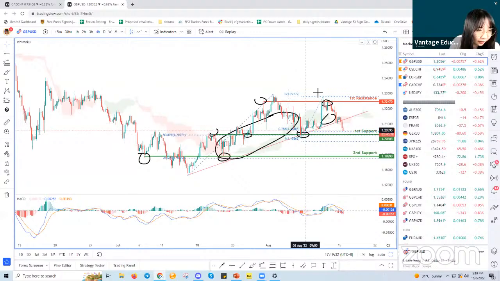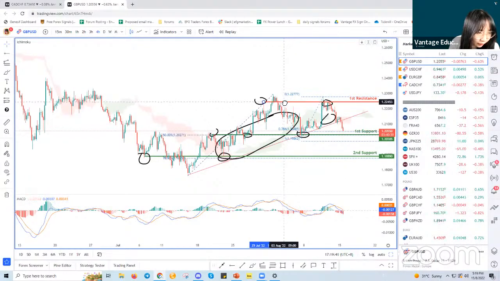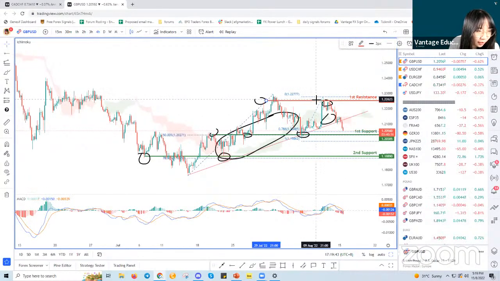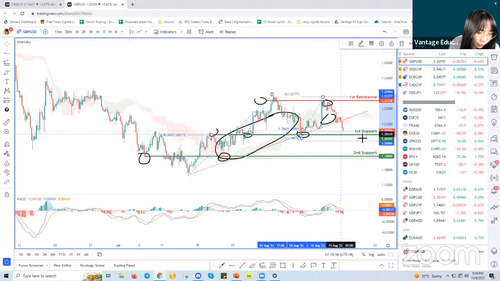Here we can move it a little bit. So here it's very close to, okay, you can see here is our support line between our 78.6 Fibonacci level projection and 100 projection.